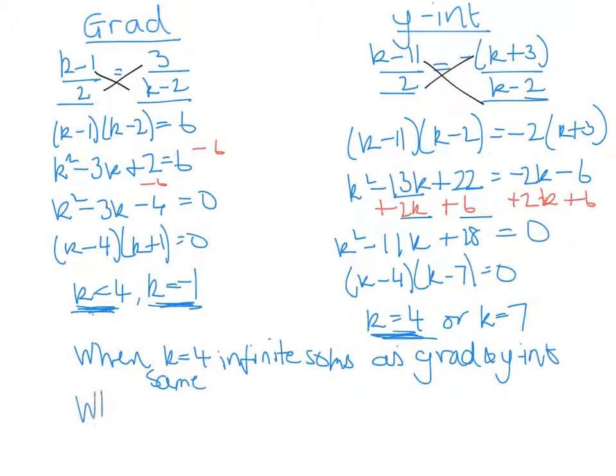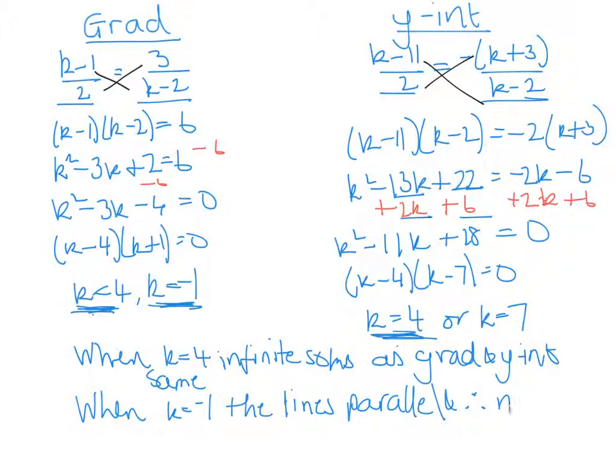But when k equals minus 1, the lines are parallel, and therefore no solutions. So the answer is when k equals minus 1. When k equals minus 1, the lines are parallel and they have different y-intercepts.